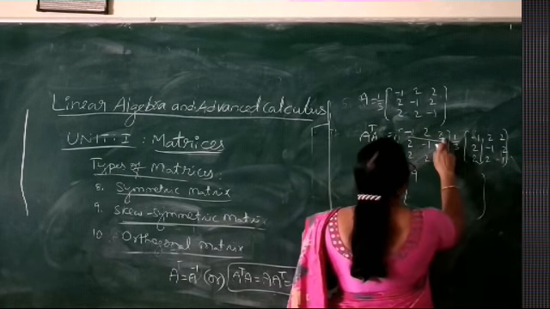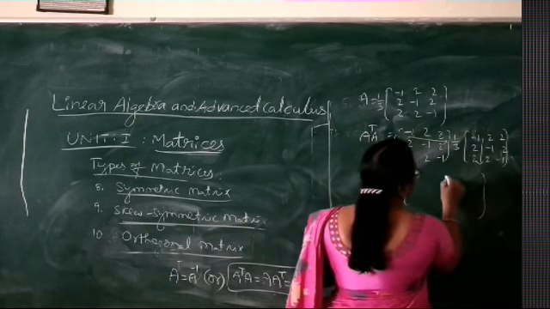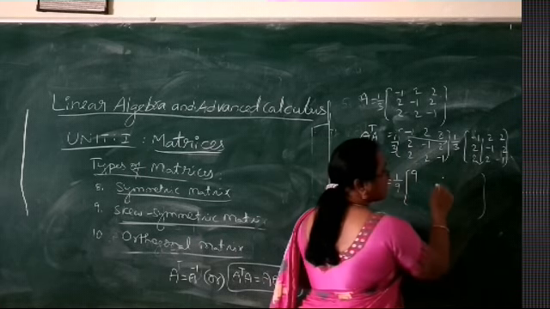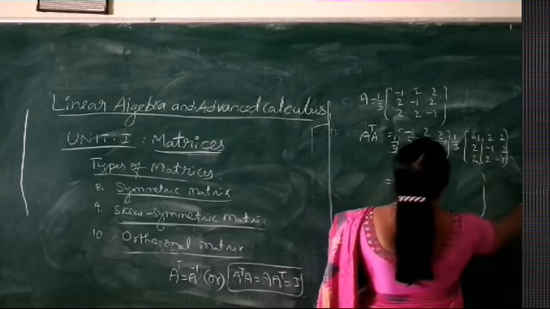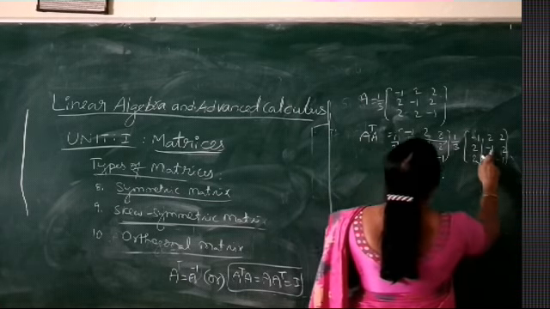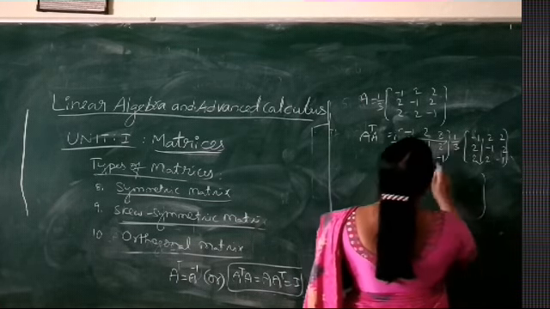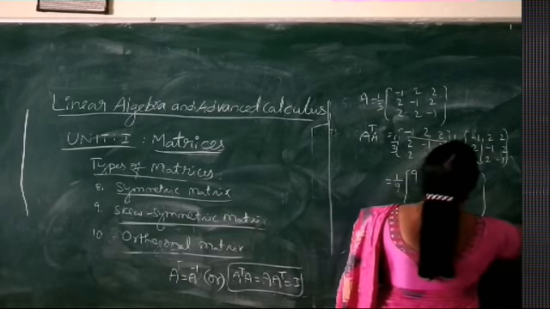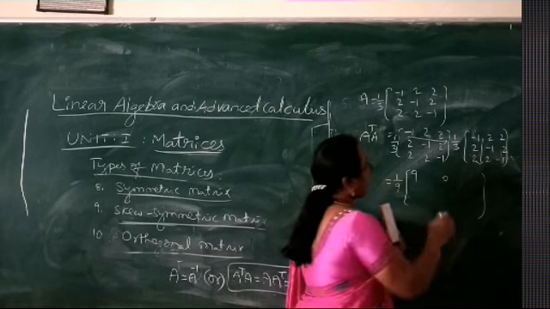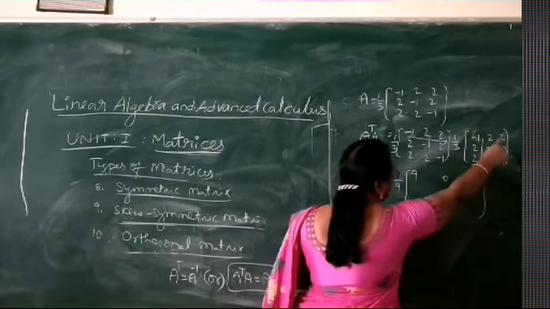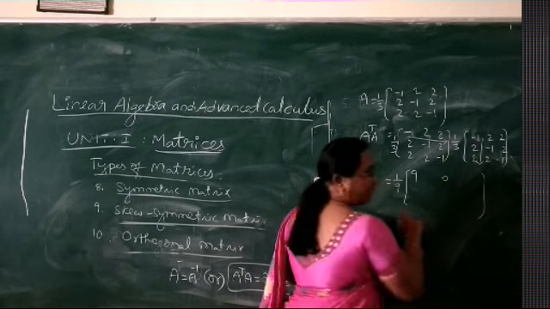Similarly, when the first row is multiplied with the second column, to get the element in the first row second column place, we have minus 1 into 2, minus 2, plus 2 into minus 1, minus 2, plus 2 into 2, plus 4. We have got 0.